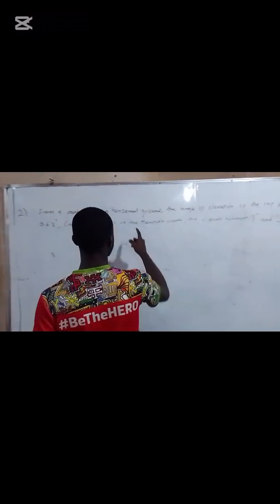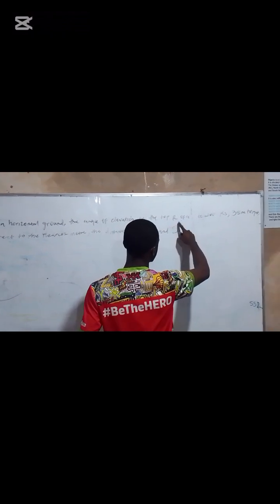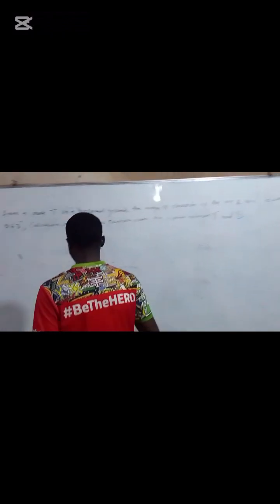Now this is question number 2. From a point T on the horizontal ground, the angle of elevation of the top R of a tower RS is 63 degrees. Let's here be the point T on the ground.